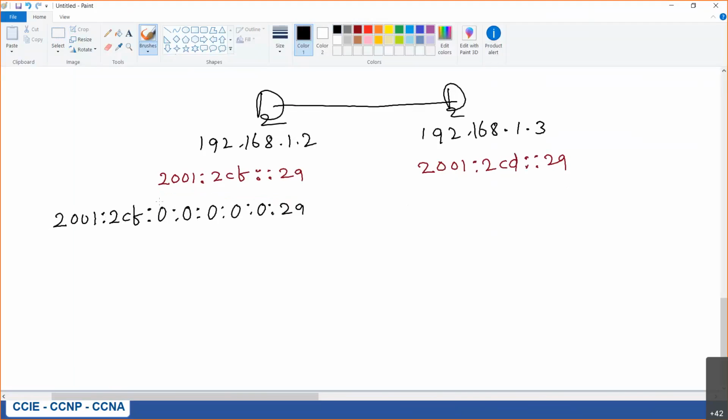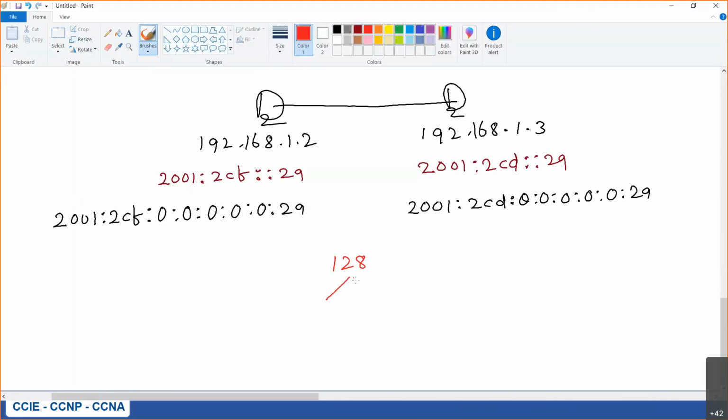So 1, 2, 3, 4, 5, 6, 7, 8, eight quartets. Next one, 2001:2CD:0:0:0:0:0:29. IPv6 is a 128-bit address.